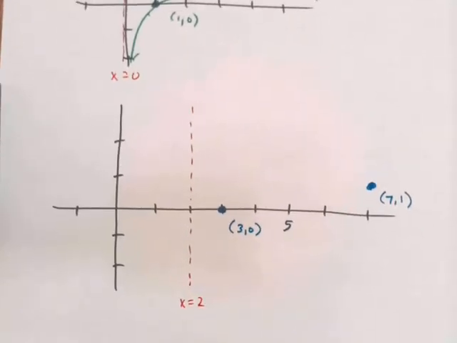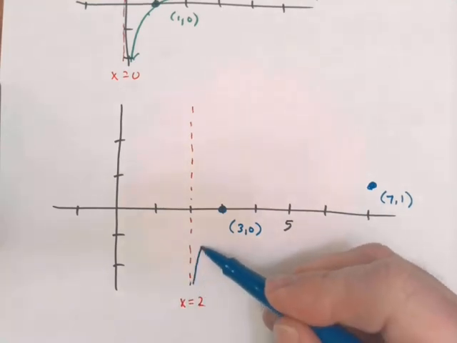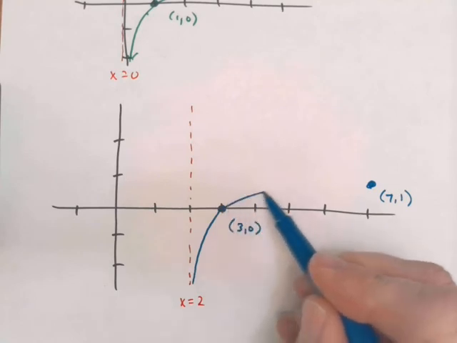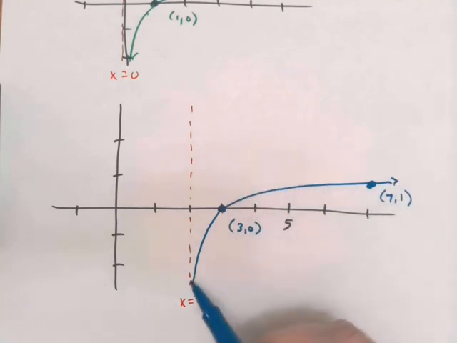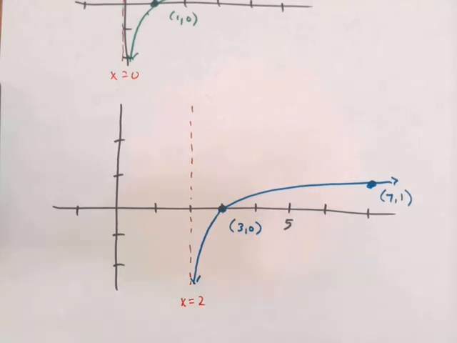So now I have the asymptote and the 2 points graphed accurately. And now I can just draw in from there a logarithmic shaped graph. And that is our graph for the original function f.